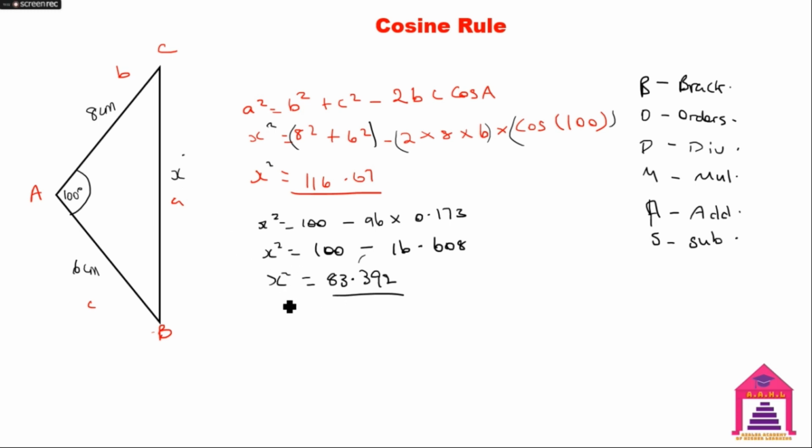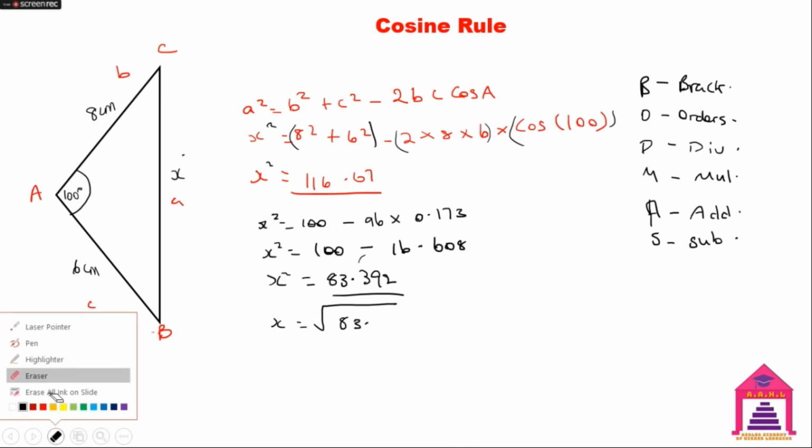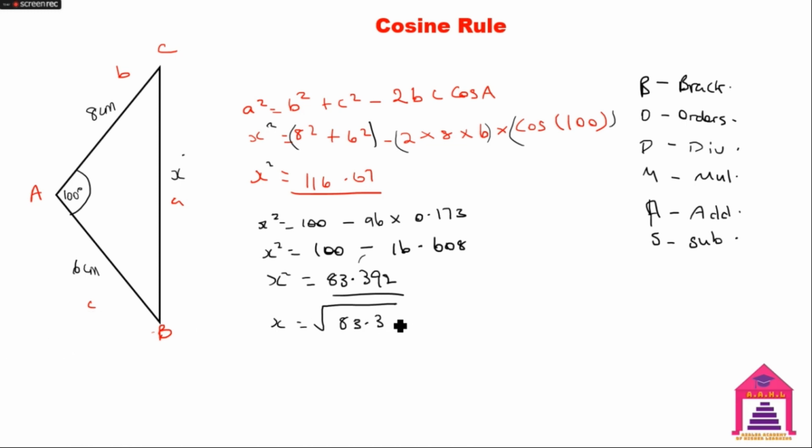This isn't x. x is equal to the square root of 83.392, so your answer would be 9.13 centimeters.